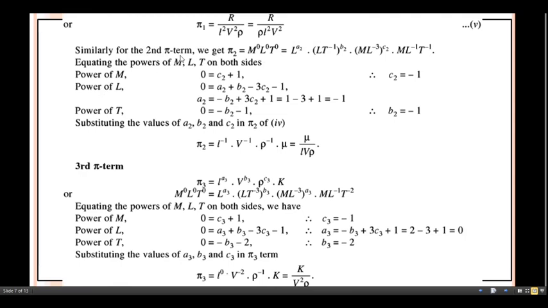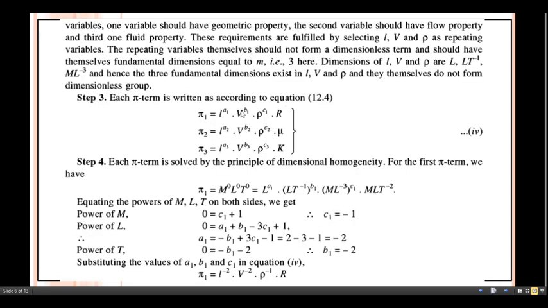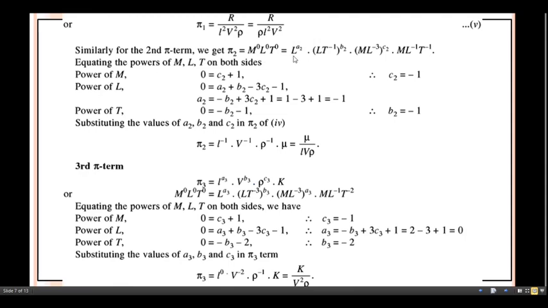Similarly, we can do the analysis for the next one, that is pi 2. In case of pi 2, see the dimensions on the left side. All terms are missing, which means we can just write M raised to 0, L raised to 0, T raised to 0 in case of pi 2. And see the dimensions on the right side.